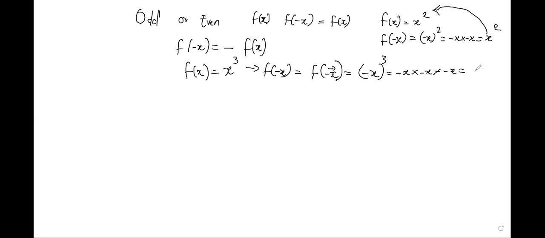So this is going to give me minus x cubed, right? So f of x is this guy, right? But if you look at this, this is minus and this is our f of x. So this is same as minus f of x. So in this case, this is an odd function.